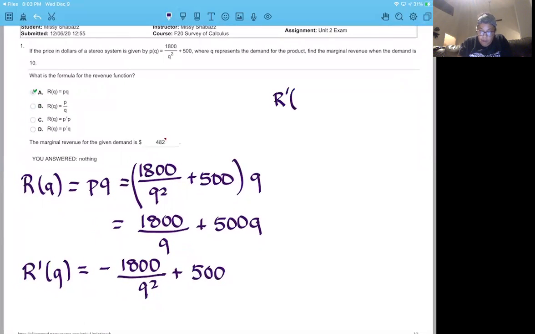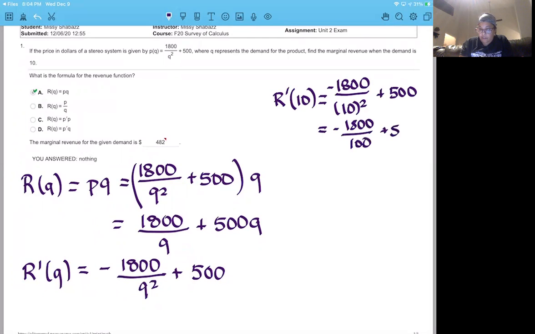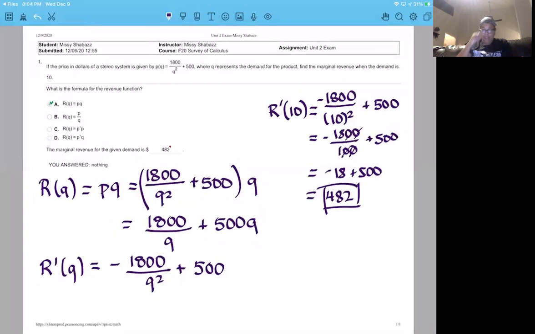So R prime of 10 equals negative 1800 over 10 squared plus 500. All right, so that's going to be negative 1800 over 100 plus 500. So let me cancel my zeros. So I have negative 18 plus 500, which gives me 482. And that's it for that one.